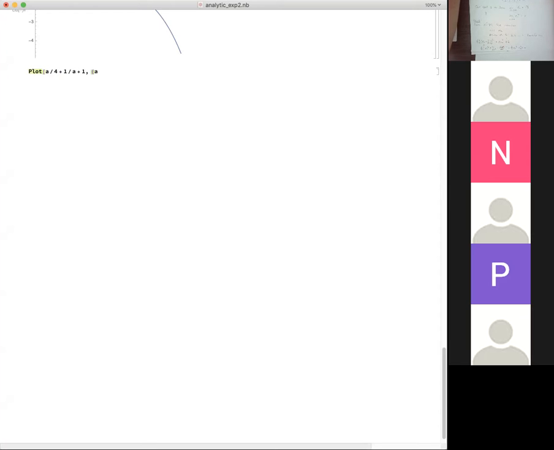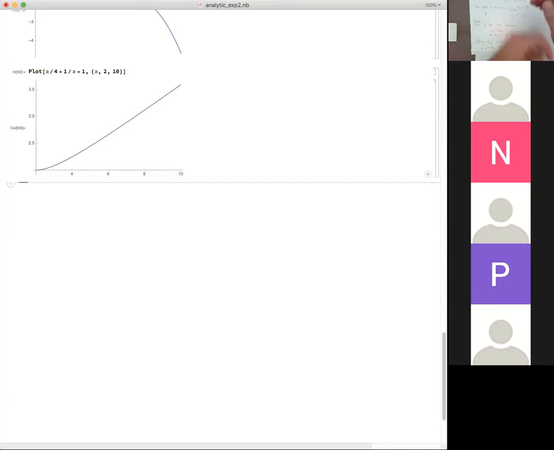I want to look at this for when a is bigger than 2. So let's look at the picture. And we get something like this. And it sure looks like this function is increasing, and the value that it has when a is equal to 2 is exactly 2.